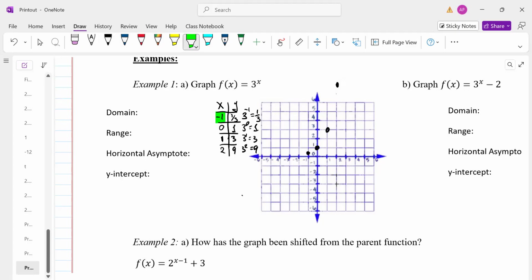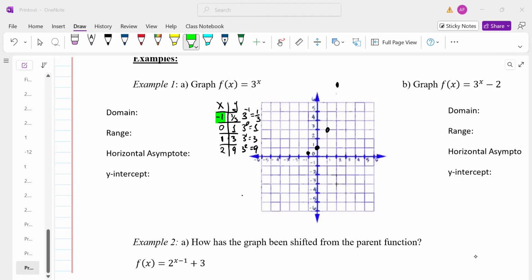So let's look at the calculator here. Let's say we have 3 to the power -2. Then we have 0.111 repeating, then 3 to the power -3, then 3 to the power -4.